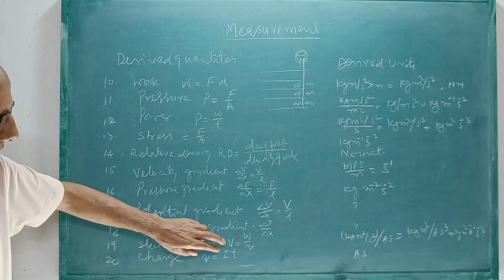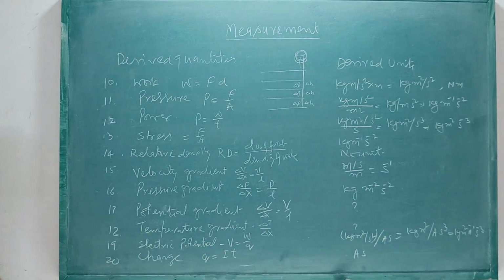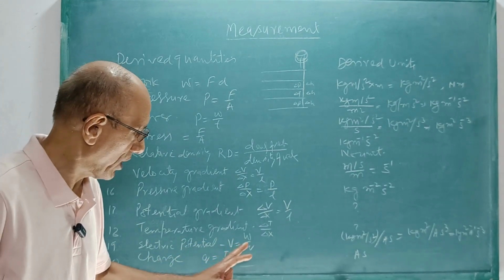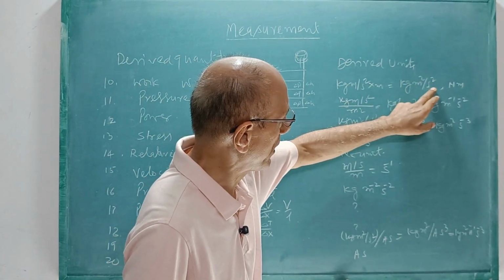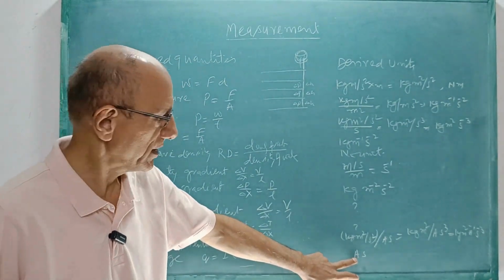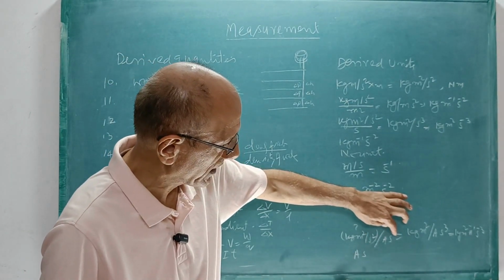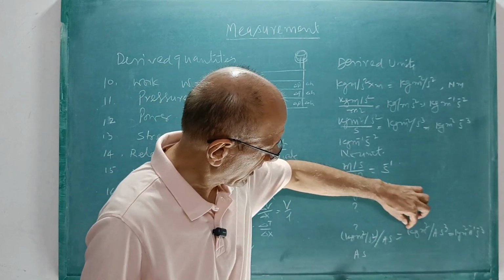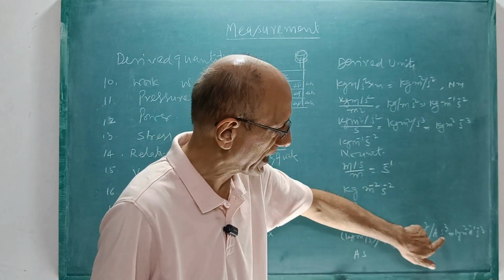Electric potential is defined as work per unit charge. So work is kg meter square per second square and charge is ampere second. So kg meter square per second square divided by ampere second. So here we get kg meter square divided by ampere and second square, and second will become second cube.